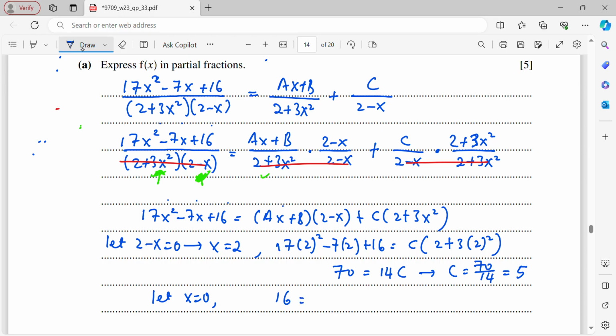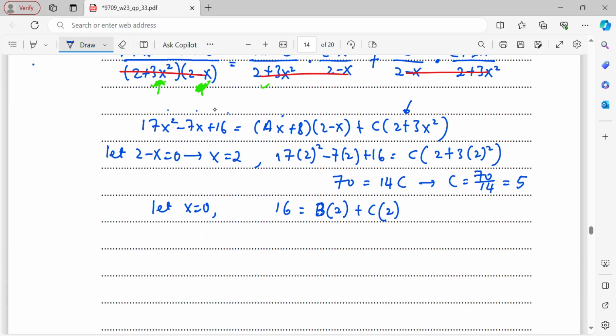Then a times 0 is nothing, plus b times (2 minus 0), I get 2b. Plus c times (2 plus 3 times 0), so just 2c. Since we have found c, just replace c. 16 is 2b plus 2 times 5. So 2b equals 16 minus 10, which is 6. Hence my b is 3.